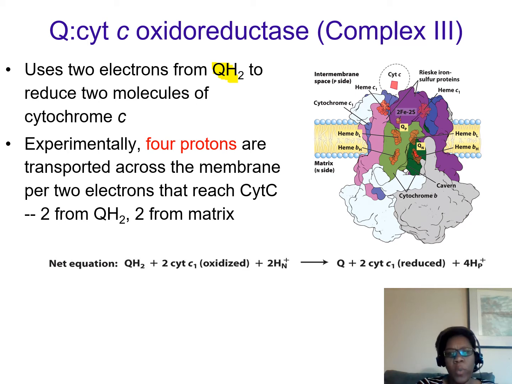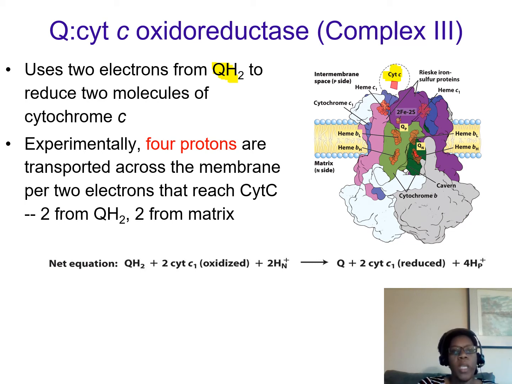It's just to show you that we have a transmembrane complex, or transmembrane protein, and that transmembrane protein is accepting electrons from QH2, our ubiquinone in its reduced form, and it's passing along those electrons to our cytochromes. So we have many cytochromes, we have many iron sulfur centers, a whole lot going on. But finally, our ultimate acceptor of those 2 electrons from QH2 is going to be cytochrome C.